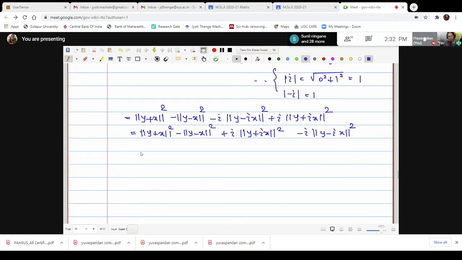Therefore this in all will contribute 4 times inner product y with x, and we have started with 4 times inner product x with y conjugate, and we have proved that this is 4 times inner product y with x. Hence we can write inner product x with y conjugate is inner product y with x. That is, if I define inner product by the polarization identity, then conjugate symmetry holds good.